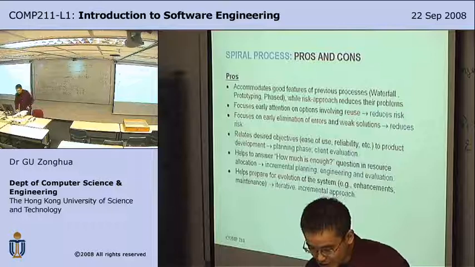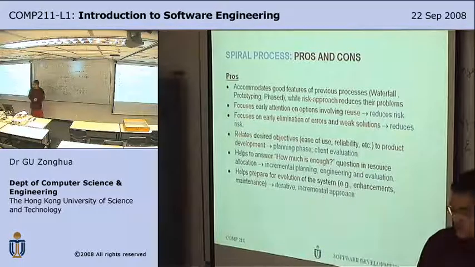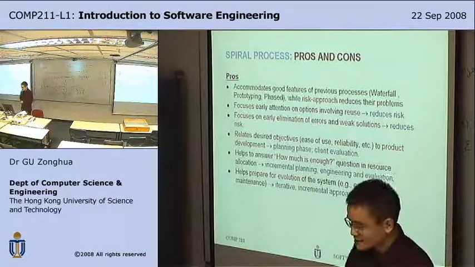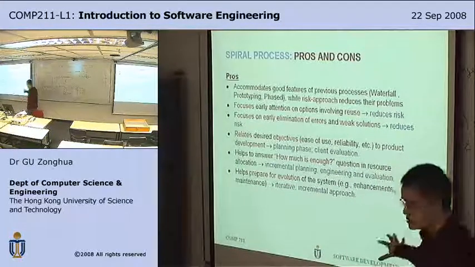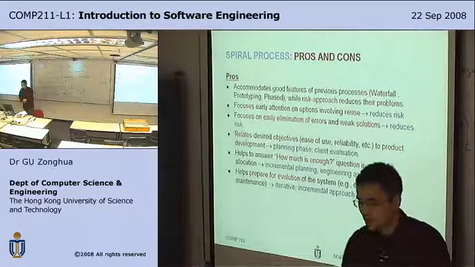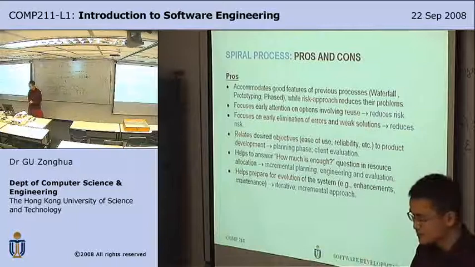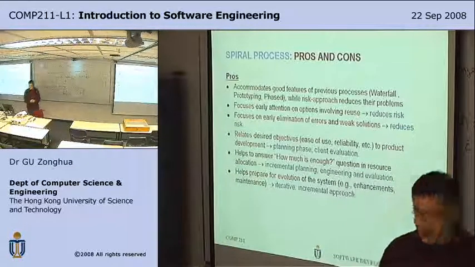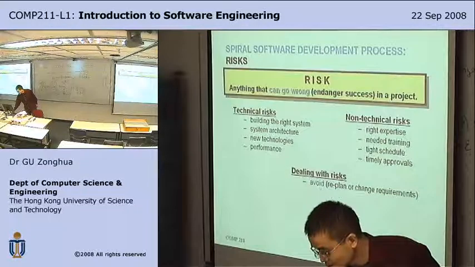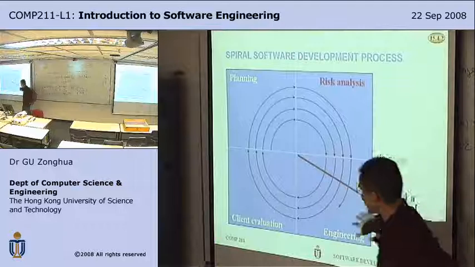So the pros are that it combines waterfall, prototyping, and phased. The waterfall part is in the engineering quadrant, where you do analysis, design, implementation. You do a little waterfall in the engineering part, and then you go to client evaluation and risk analysis, etc. It's like a prototyping process because you have client evaluation in the middle.